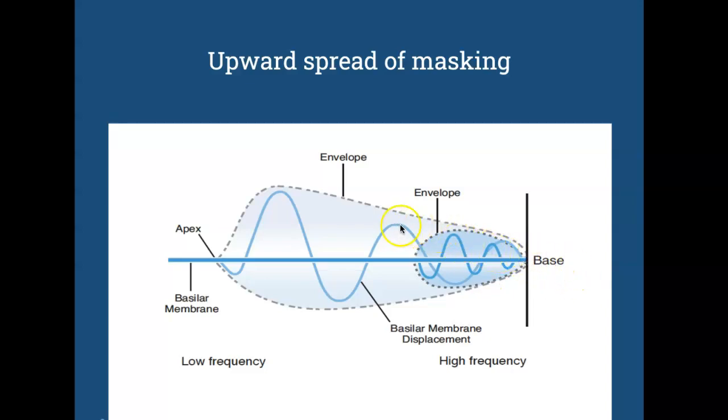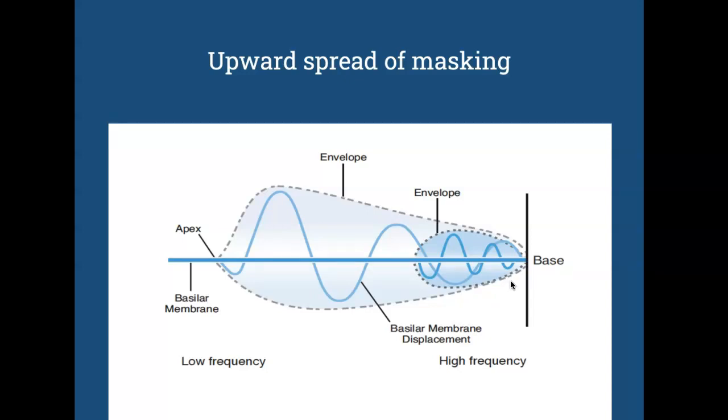You can see that this lower frequency signal in the lighter blue swamps out and consumes this high frequency signal here. So in essence it would not be audible, but the low frequency would still be audible. Now, if this high frequency signal was above this envelope, then both would be audible. But because it's not, it is inaudible.